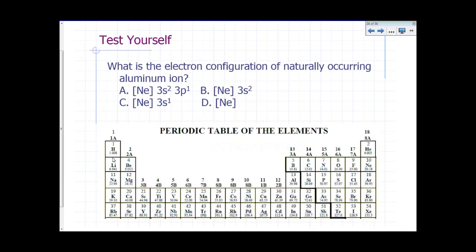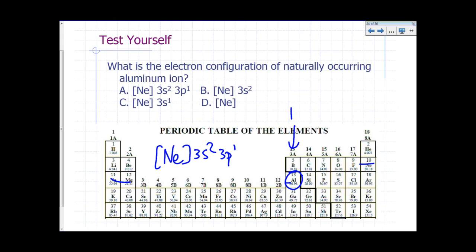So let's look at some clicker questions here. What is the electron configuration of naturally occurring aluminum ion? Aluminum's over here. So what's the electron configuration of aluminum? Neon core. After neon, you do 3s2 and then 3p1.